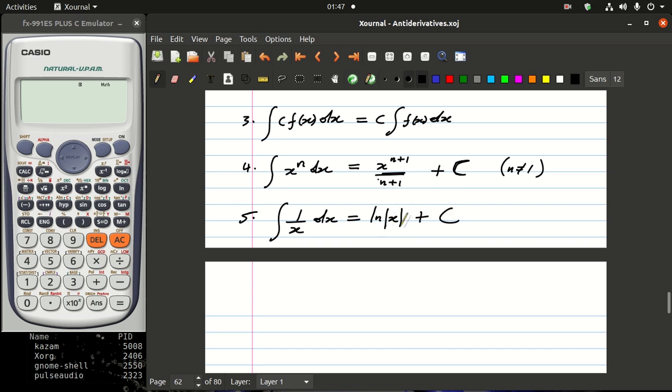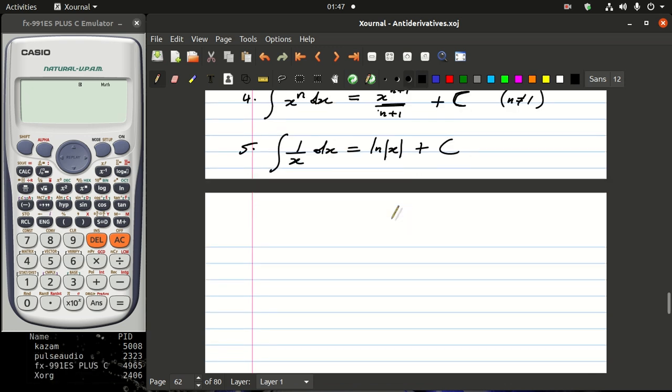We are using the absolute value of x so that we can also talk about the case where x is negative, because a ln function can only take positive values of x. And then the sixth one is saying the most general antiderivative of e to the power x with respect to x is just going to be e to the power x plus the constant of integration.